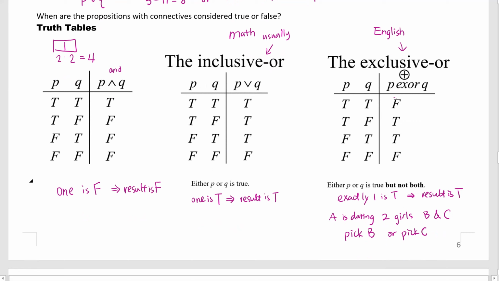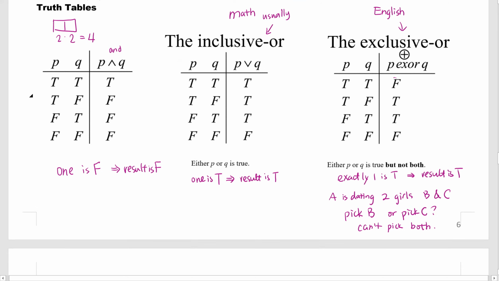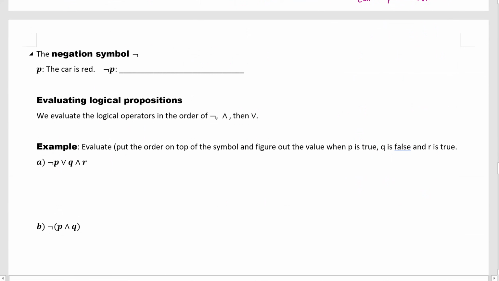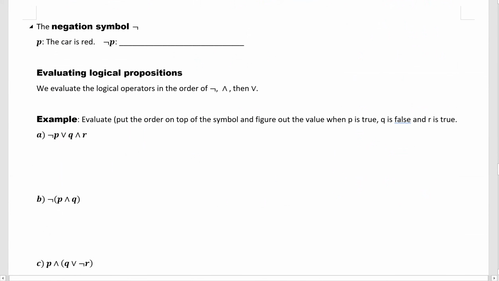Oops. So can pick both. Okay, or in the US, you can only have one wife, right, or one husband. So yeah, in the state of Indiana, yes. Okay, just an example to help you to get the feeling of that.